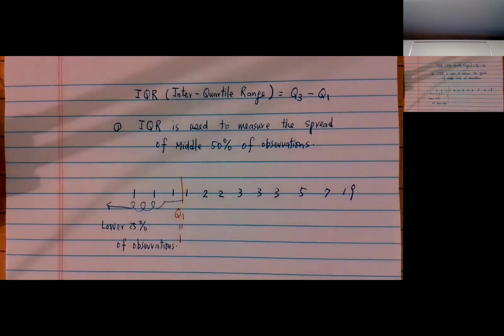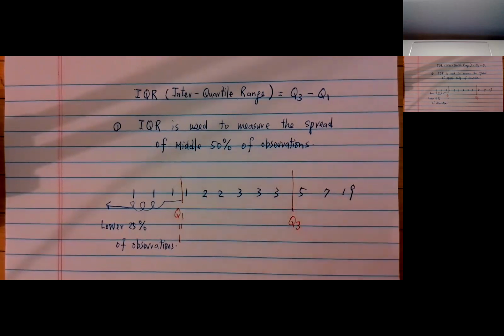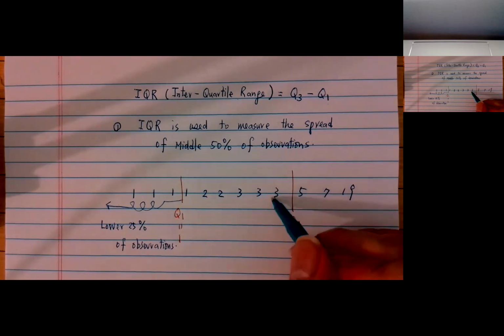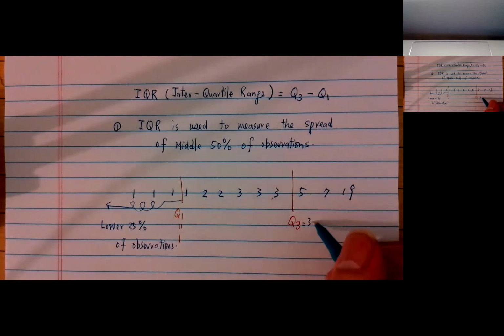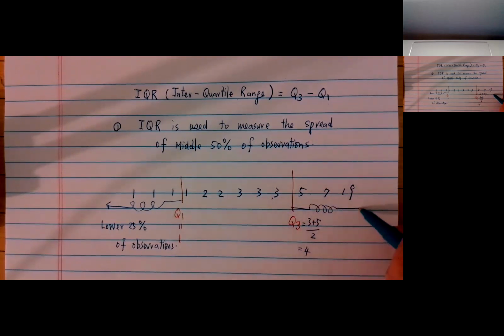And on the other direction, Q3, 3 plus 5 divided by 2, which is 4. And this rules out the upper 25% of observations.